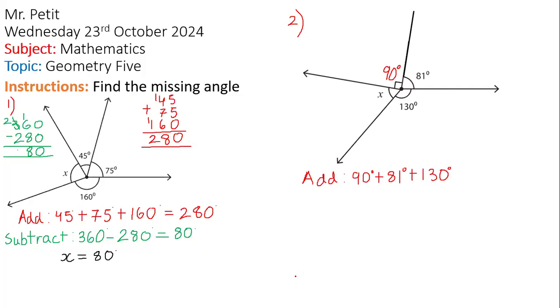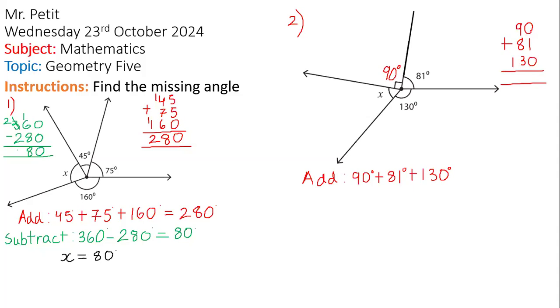What did y'all get when y'all added them together? 301. Okay. Are y'all sure this time, because last time we had some problems? 90, 81, and 130. What are y'all's answers? 301.